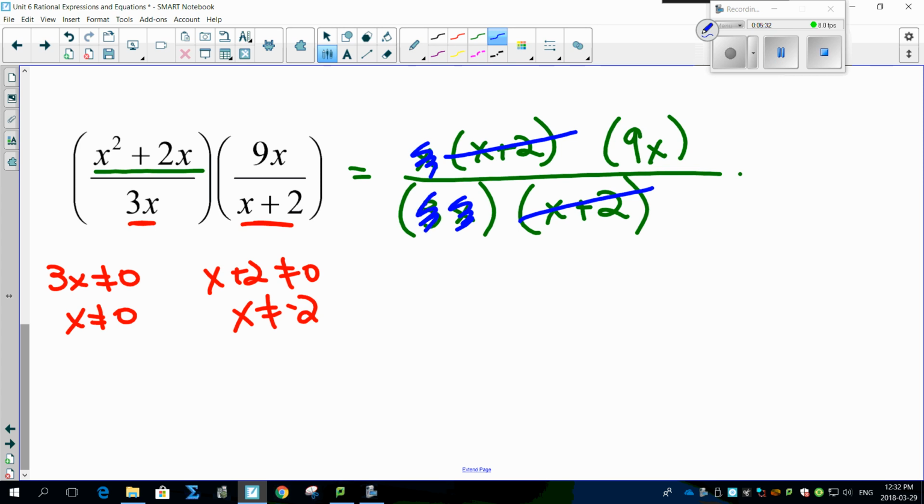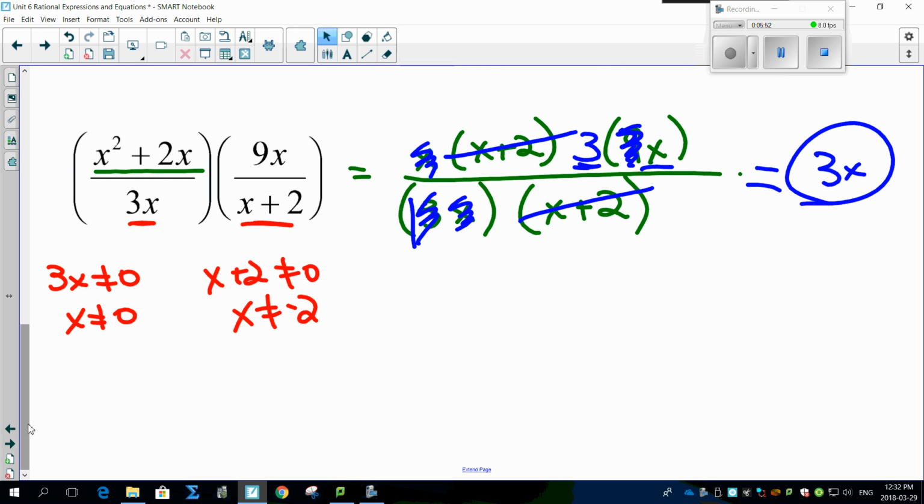A 3 goes into itself once and into 9 3 times. Look what's left. All you've got left is a plain old 3x. That's all you've got left. Ta-da, and there's your answer. Simplifying can actually be a lot of fun. Now, if you want, back this podcast up and watch this cancellation law stuff again. I think it's really, really powerful.